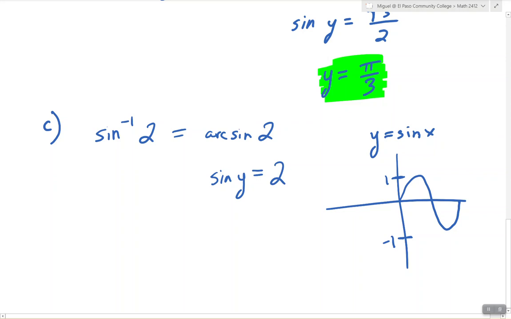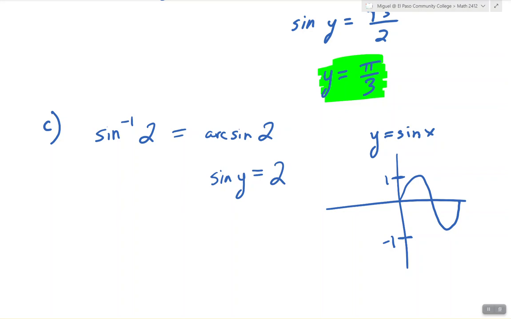So I need the sine of something that will give me 2, right? Sine of some value has to give me 2. But if you notice, sine of anything here, at the most, I'm going to get 1. Does that make sense? So it doesn't work for this. Right? Not possible.